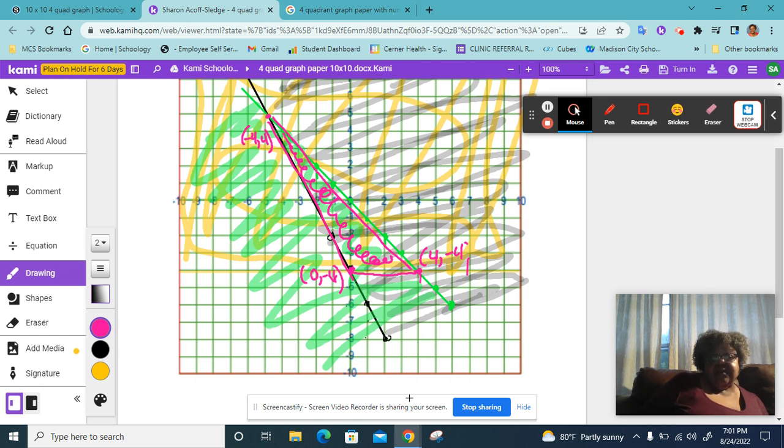And you can look at it, 0, 4 is not even inside your region. So you know that option B is not right. 0, -6 is outside of your region. That was option C. -4, 6 is not in your region. That would be here. So we know that those are not.